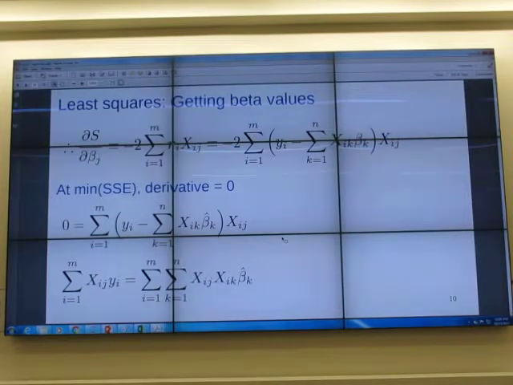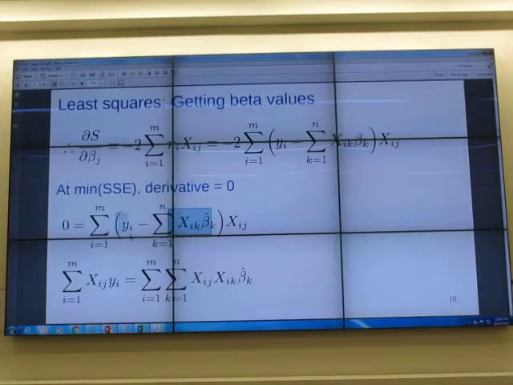Now let's take a look at this term. See this? yi multiplied by xij, I get xij yi. So this xij has to multiply by that and by that. Make sense? Don't sleep yet. For the first term, I have this, and for the second term I have this multiplied by that.